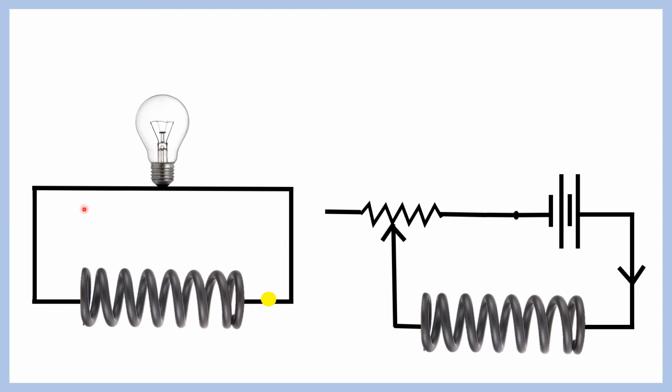Now you can see the direction of current is opposite. So you can see that at the make and break of the circuit, an EMF is produced in the secondary coil.